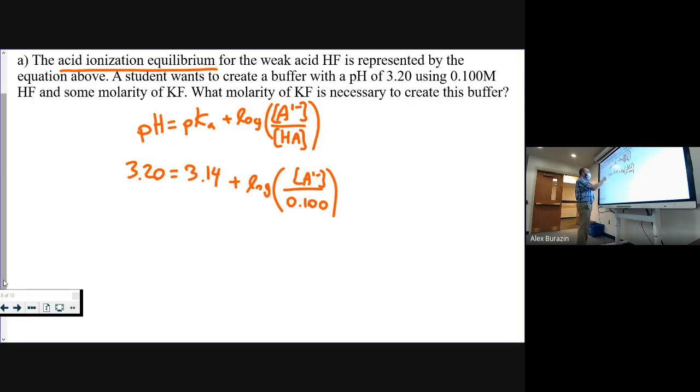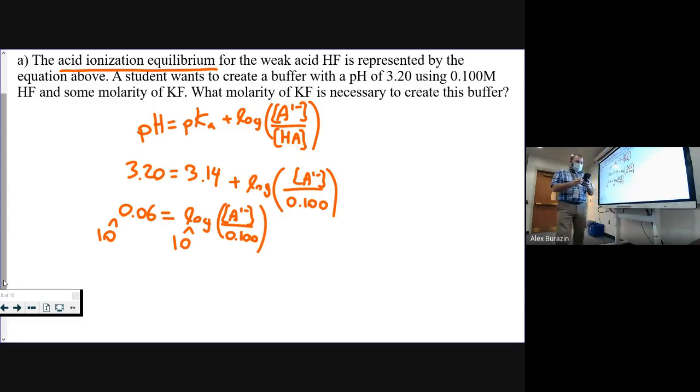So if I subtract this, take 10 to the power of both sides, 10 to the power of 0.06, I'll have 1.148 and so on equals A minus divided by 0.1.